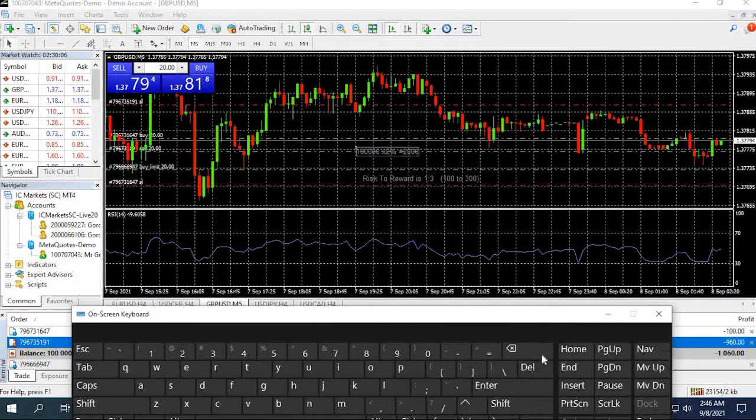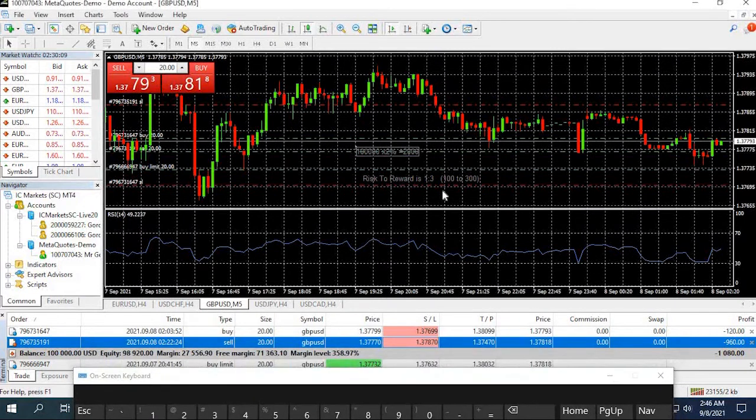So for this particular sell trade, right, put another text on the screen.